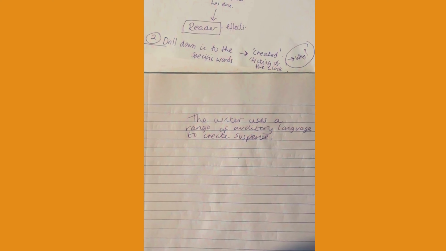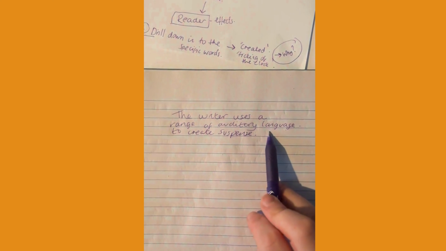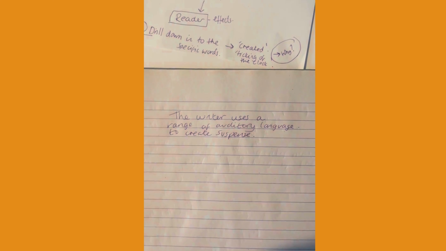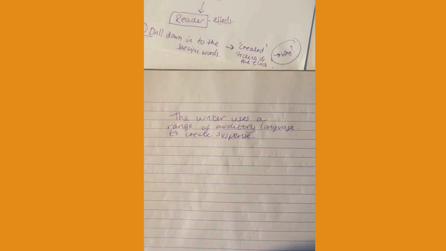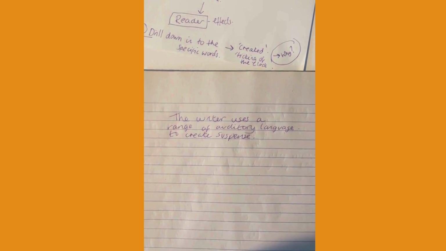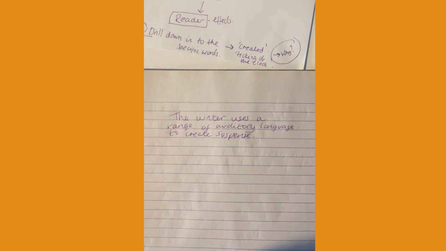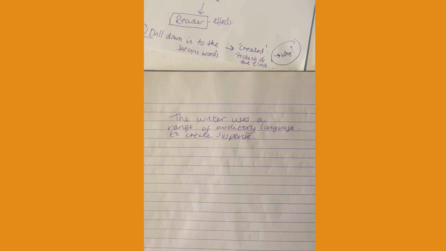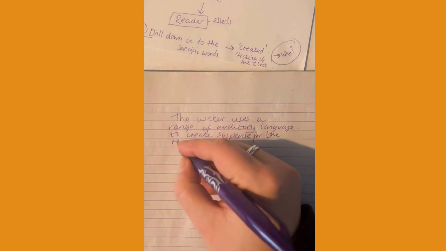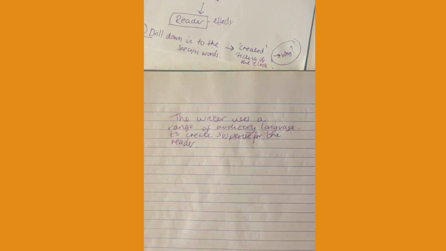Immediately we have said what's been used, and we've also linked to the question. So our examiner knows, yep, they're answering the question already. The rest of the paragraph is going to answer the question, so we know that we're on the right track. It also works as a reminder for you that that's what your answer should contain, and that is our focus: to create suspense for the reader. There we go. The first part is done.